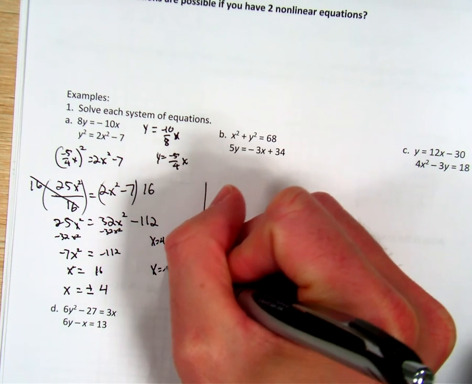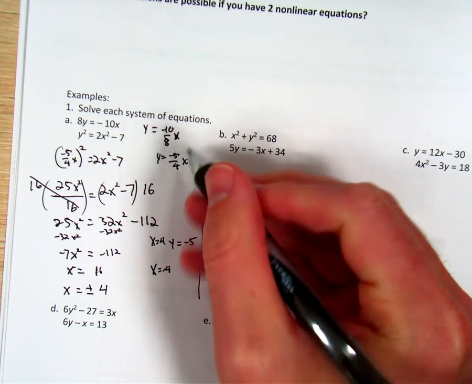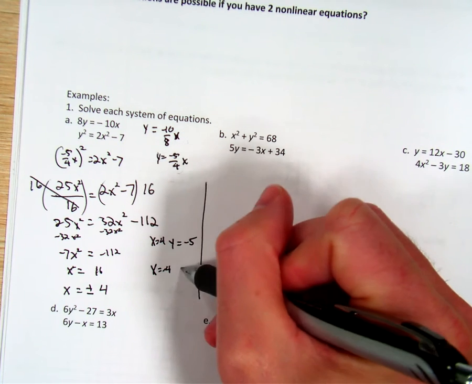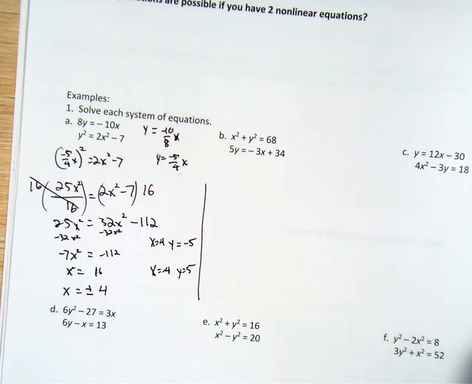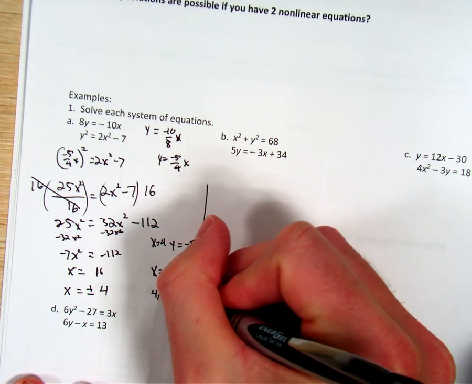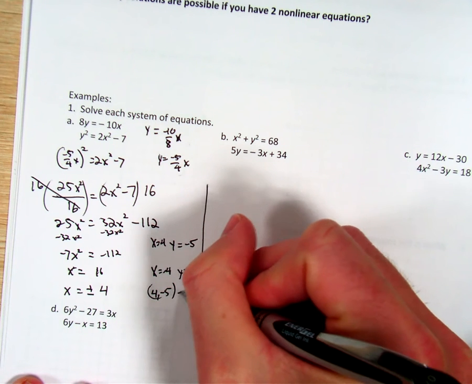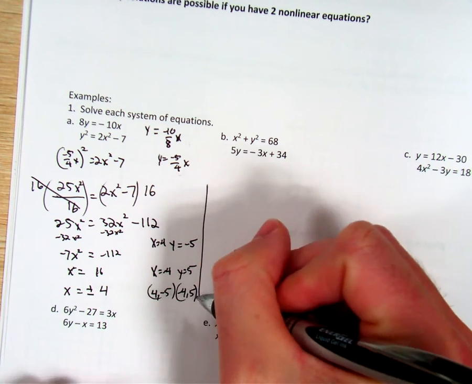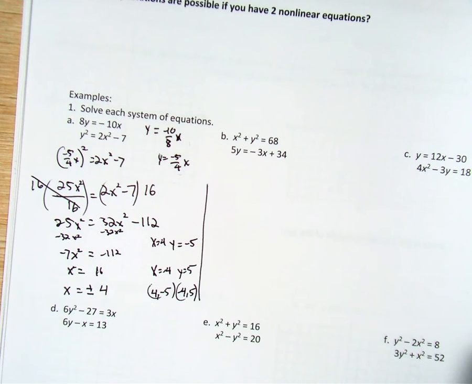If I put negative 4 in there, I should come out with positive 5 for my y. Okay? So there's my 2 points: 4, negative 5, and negative 4, positive 5 would be my 2 answers there. Alright, so that was substitution.